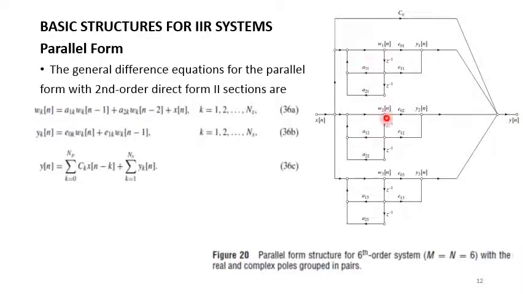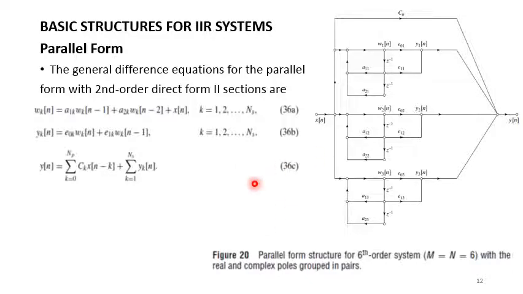These are the different sections. If you compare with the previous one, where we represented the system function as factors, factoring the system function resulted in the cascade form. Cascade form means the sections are in series, one followed by the next and so on.